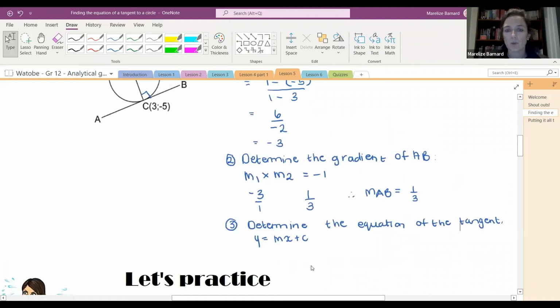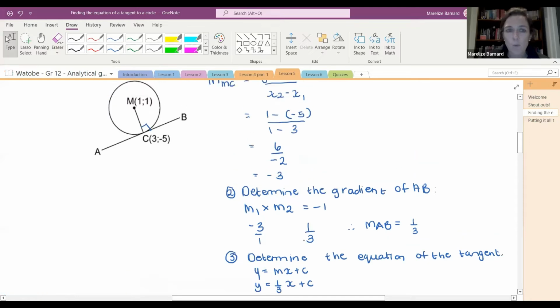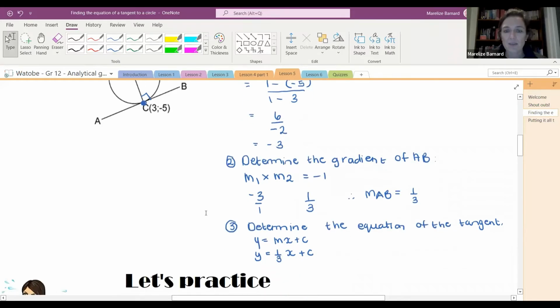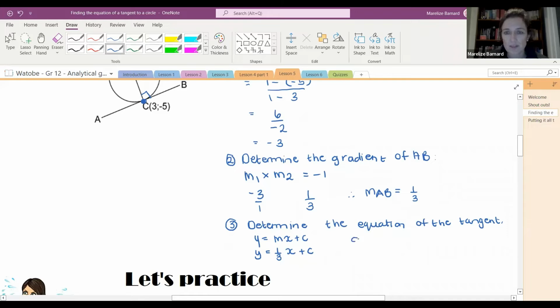We have already determined the gradient, so that is a third x plus c. Now we're going to sub in the point where the tangent touches, which is this point here, C. So we sub in 3 and minus 5, so that we can solve for c. The point is called C, but we're also solving for c in the equation, so don't get confused with your c's.